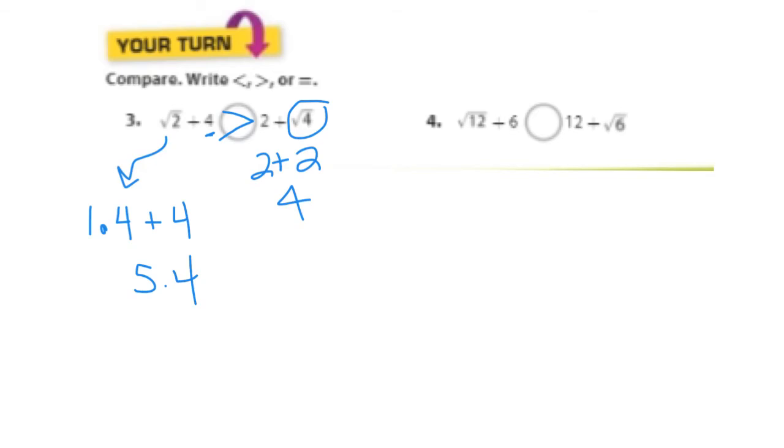Okay, on the other side, the square root of 12 is 3 5/10 approximately. Add that to 6, and you get 9 5/10. You can just use a calculator to find the square root of 12. So this is 9 5/10. Well, this is already 12 on this side.